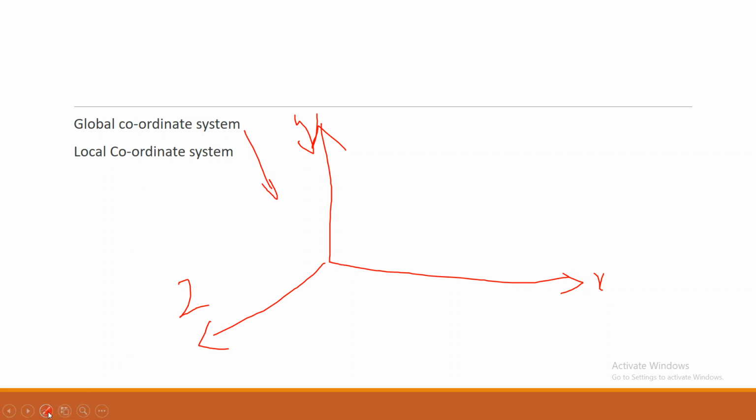The local coordinate system is nothing but the coordinate system that we are going to consider along the direction of the axis. Okay, so to take an example, let's take this as a bar member.